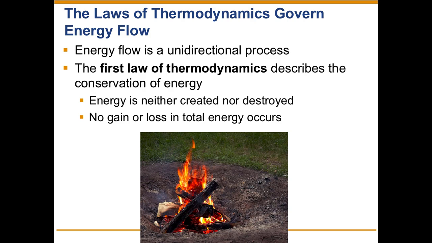There's potential energy stored within the wood, and as that's released in the fire, it's also giving out heat energy. So the materials decrease, but the amount of energy within the system remains. It's transferred from potential energy within the wood into heat energy and expended in the environment.